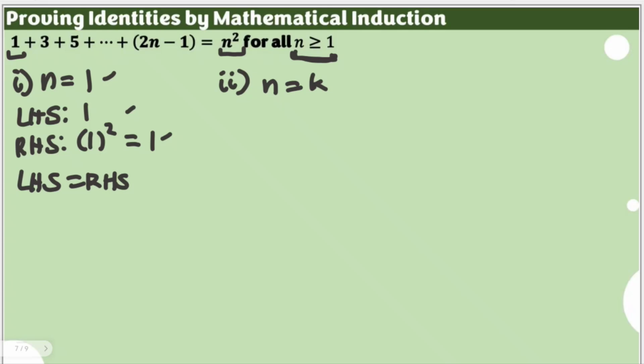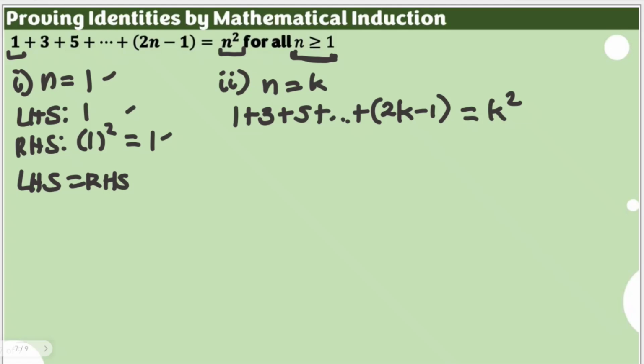That would mean our given identity, instead of 1 plus 3 plus 5 plus up to the quantity 2n minus 1, as it describes all odd numbers starting from 1, instead of n, we are just going to substitute k, and we will have 2k minus 1. This is also true with our right-hand side, simply k squared, as we substitute k for all values of n.